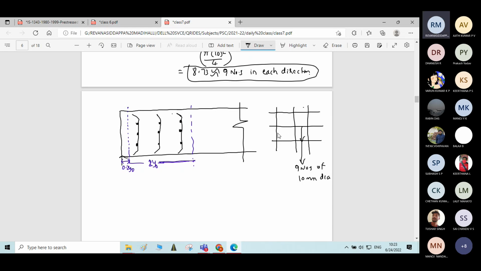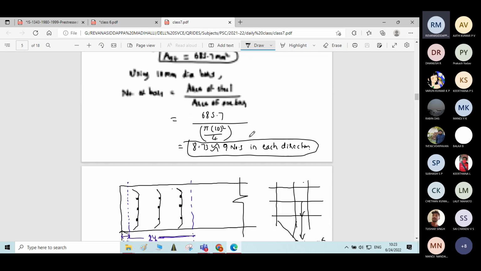Both the bars. Okay, it is like a steel mesh. We have to provide that mesh, total 9 numbers. So this completes the problem.